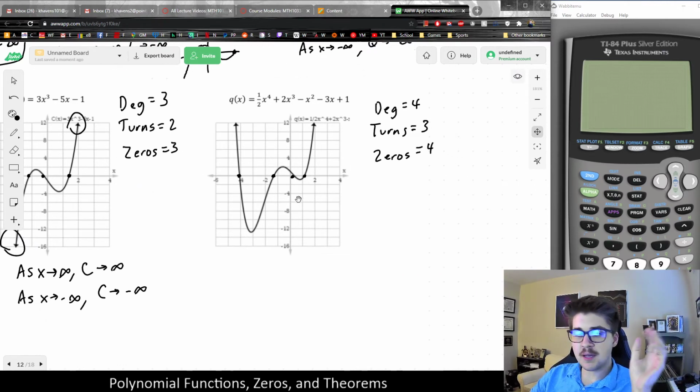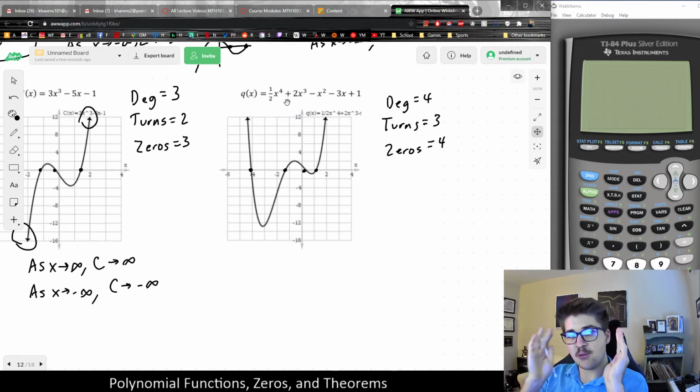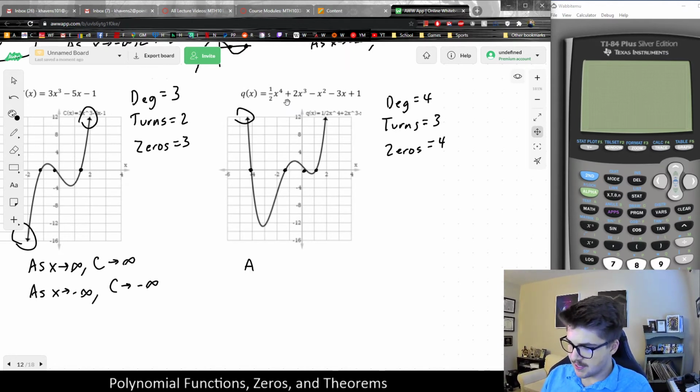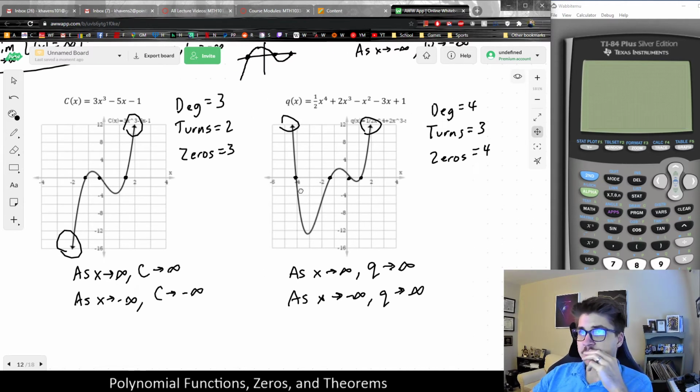With the quartic function, notice that both end behaviors are going in the same direction. As x approaches infinity, aka to the right, the function q is going upwards, and as x approaches minus infinity, q is also going upwards. In both directions, it's going to positive infinity.